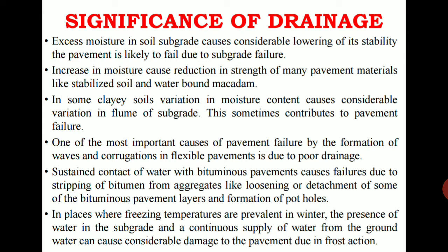Again that is the loosening or detachment of some of the bituminous pavement layers and formation of the potholes. When this water reacts with the bitumen, the binding material, the stripping process takes place, that is, the separation of the bitumen material and the coarse aggregate. When that process happens, wherever the stripping exists, there we can see the potholes, right? So that is because of what?